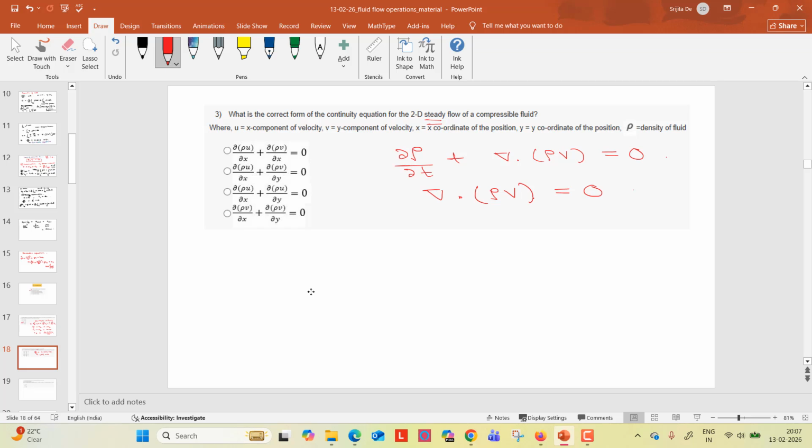So for 2D it will be del rho u by del x plus del rho v by del y equals 0. So this is your correct answer.